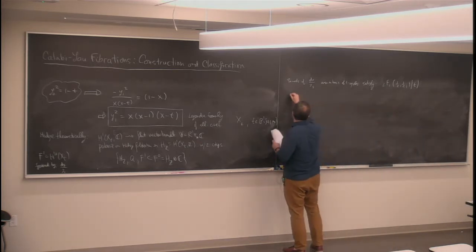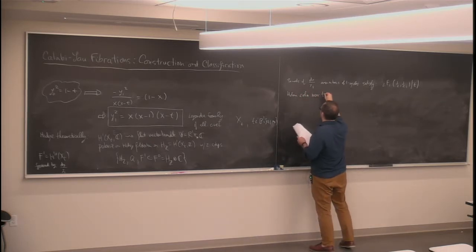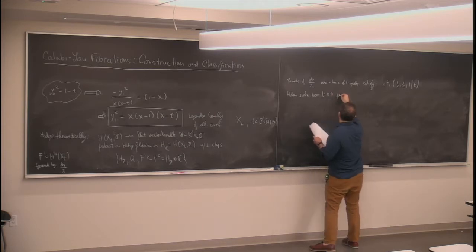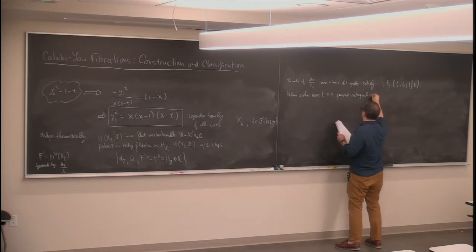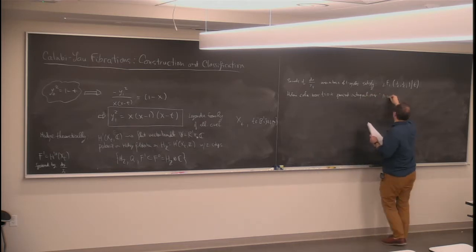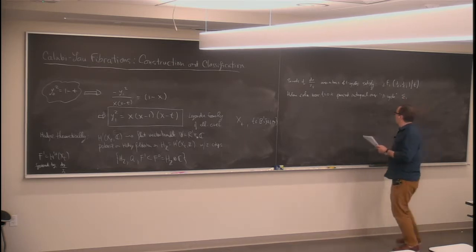Okay. And the holomorphic solution near t equals 0 is the period integral over, I don't know, a cycle, which I'm going to call sigma 1. I'll define it in a second.